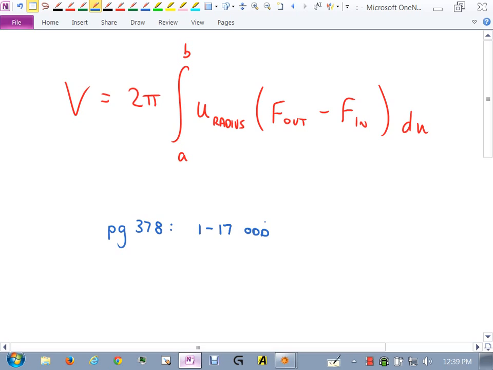One through 17 odds. So what I would do on those is first try, draw the pictures, set up the integral first, do it for all 17, and then go back and start evaluating them. Because the setup part is the most important thing. There's a pretty good chance that when we come in next time, we'll have a quiz where I'll just give you something and I'll ask you to set up the integral.